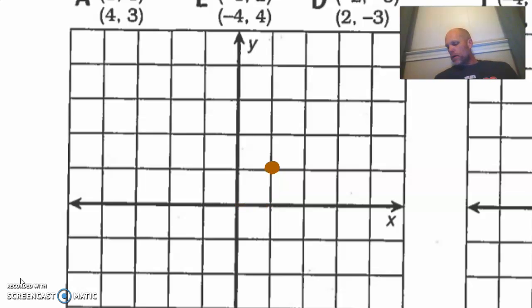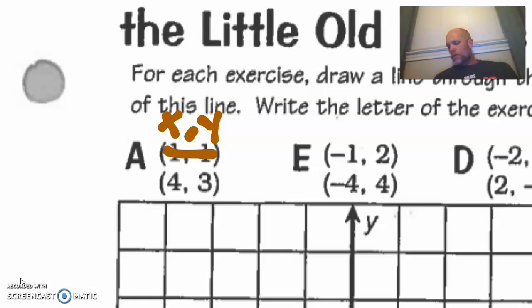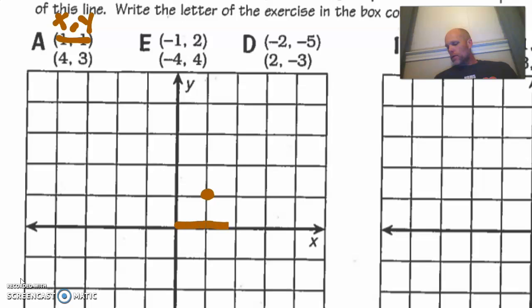I'm going to put a dot right there. Then the next one is X of 4, Y of 3. So 1, 2, 3, 4, 1, 2, 3. Okay, right there. So then I'm going to draw a line. I'm just going to connect those 2 points. I'll use my illustrate tool here. Okay, so that's a line, right?